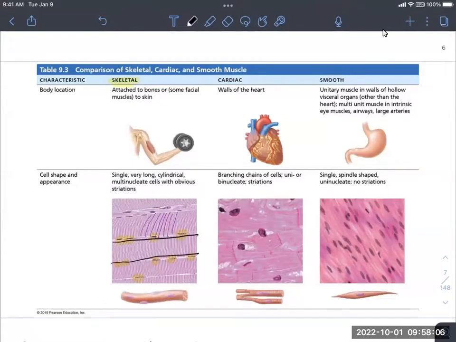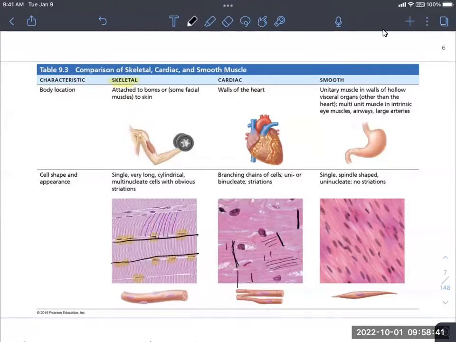Cardiac muscle also has these intercalated discs. This is what holds cardiac muscle together. They branch, so cells can go off in different directions. And they're only found in the heart. They have the striations. You can see the striations going more this way, though, in this picture.